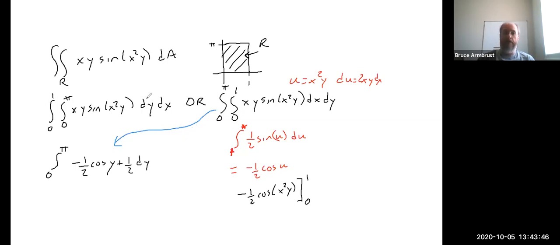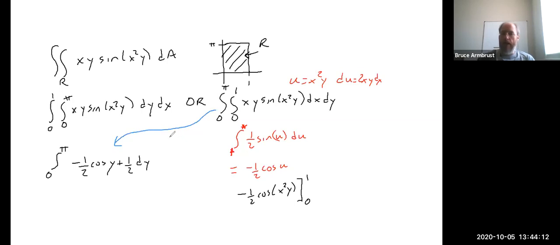When I'm presented with something like this and I have multiple options, I try to think through what the steps are going to be to do these integrals, which one will be easier, which one will be faster, and that's how I choose. It won't matter. If you had done the other one, you're going to get to the exact same value. You just may have done a little bit more work.